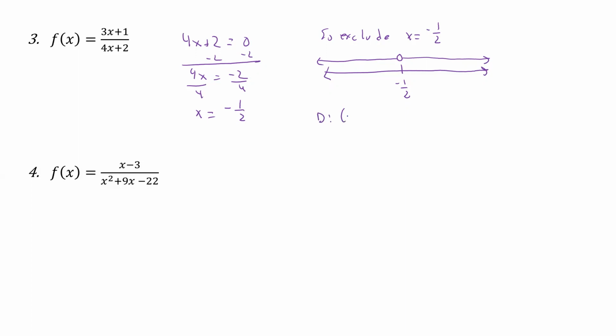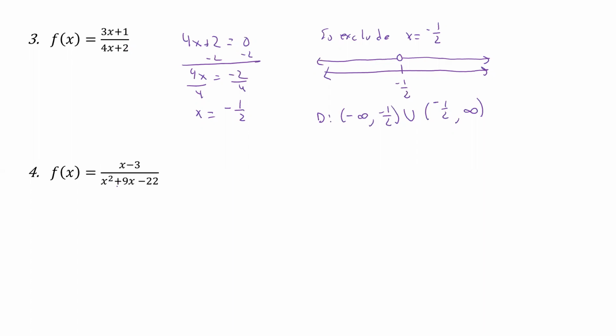We're going to go from negative infinity up to negative 1/2, and now we have a parenthesis, and then union, and then we're going to start at negative 1/2 and go all the way up to positive infinity. This would be our domain for this function, because again, we do not want 0 in the denominator, and if we plug in negative 1/2 here, we get 0, and so therefore we have to exclude it, and this is how we exclude that 0.